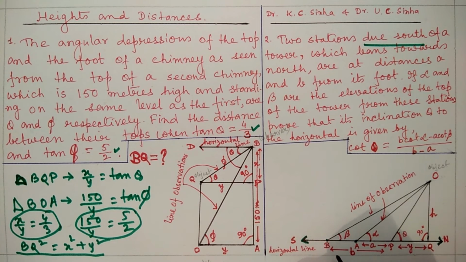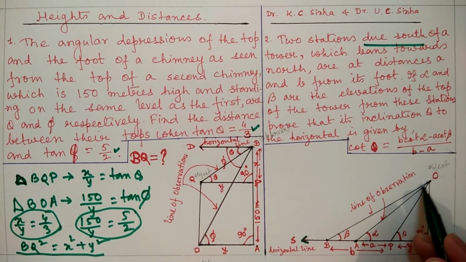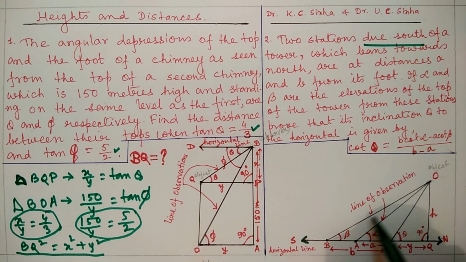Second line of observation: here B is the observer and O is the object. OB is the line of observation, and BQ is the horizontal line. So angle OBQ will be beta, according to the question. So now the sum will be very easy, friend. We are getting three right angle triangles.